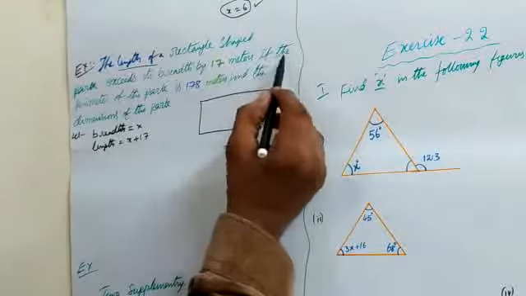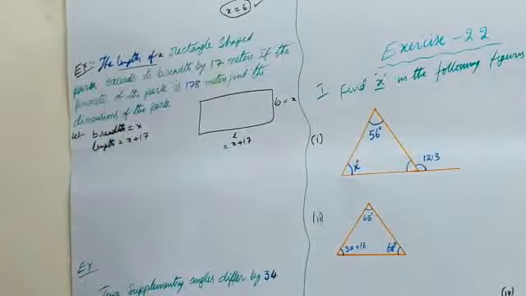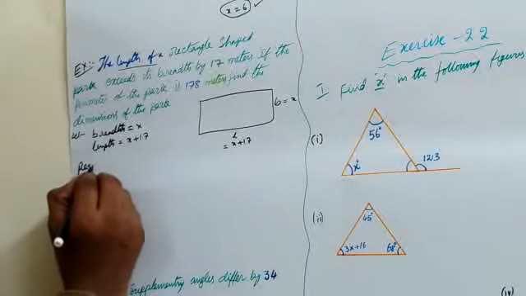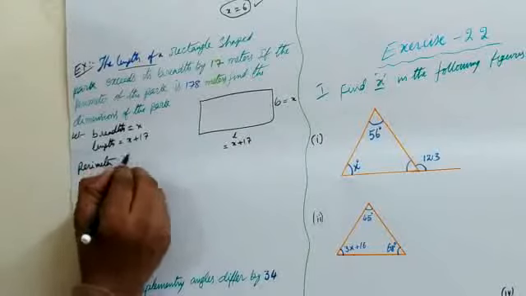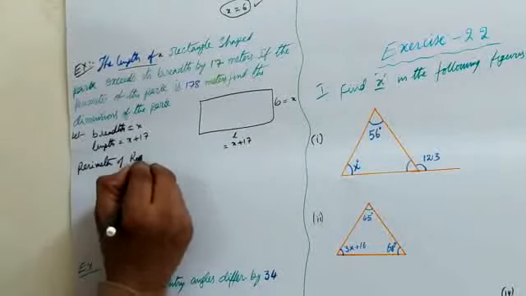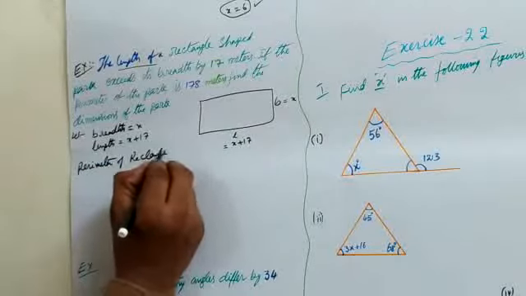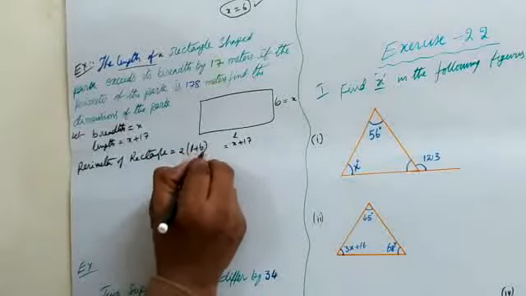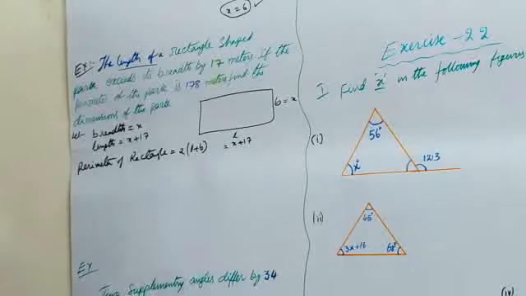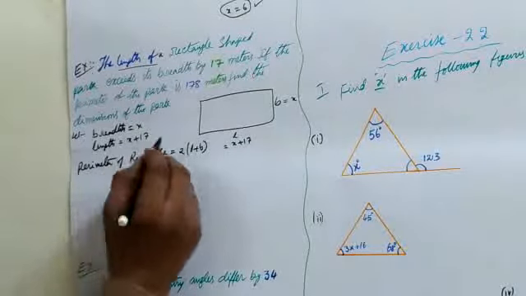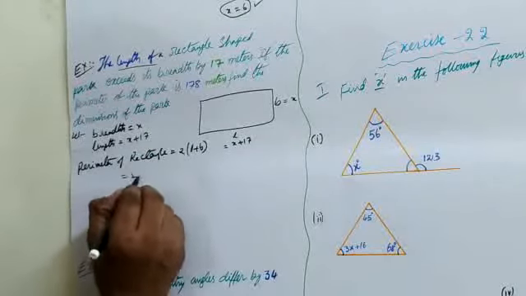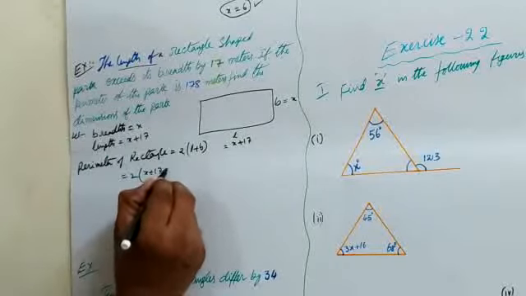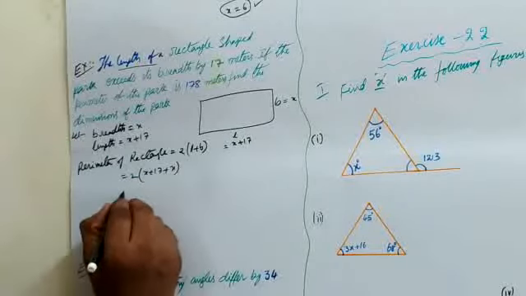Now, what is the perimeter of the rectangle? What is the formula? Perimeter of the rectangle is equal to 2 into (L plus B). L is x plus 17, B is x.